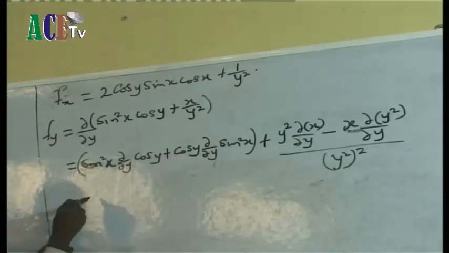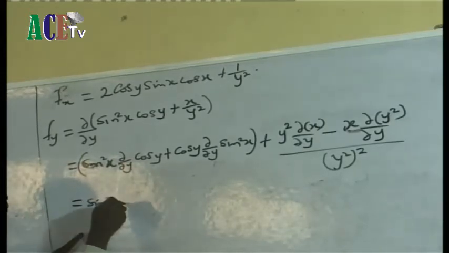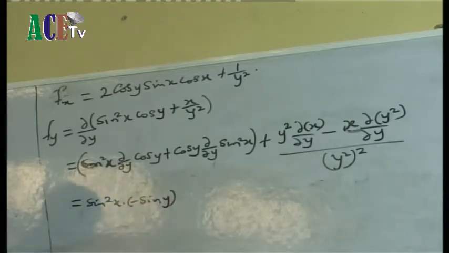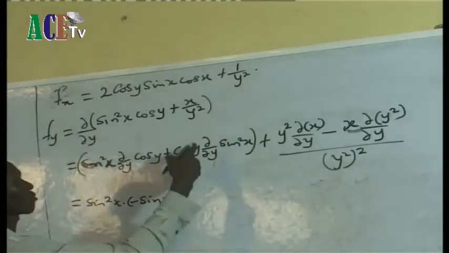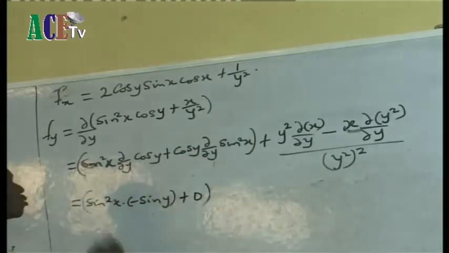I will come here. This one will give me sine square x multiplied by minus sine y. The derivative of cos is of course minus sine y. Plus 0, all this place will be 0.